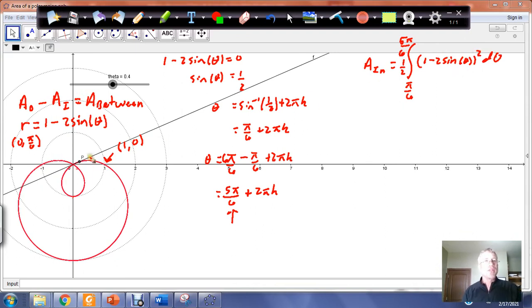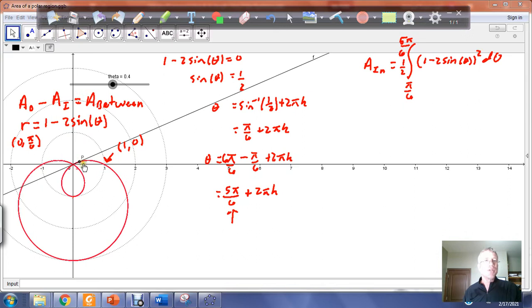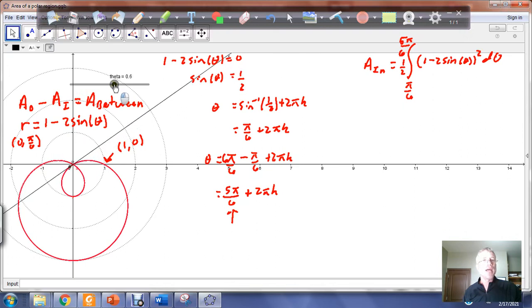But what I want you to notice is that if we just rotated to pi over 2, so here we're at the pi over 6 angle, if we just continued past to pi over 2, which is about 1.5, you can see we're getting to the down position.